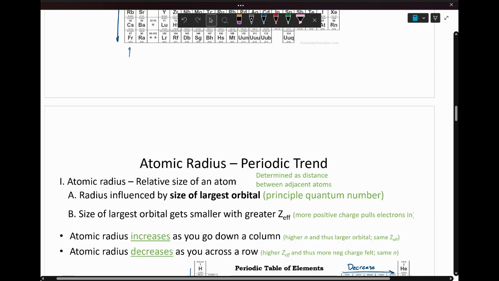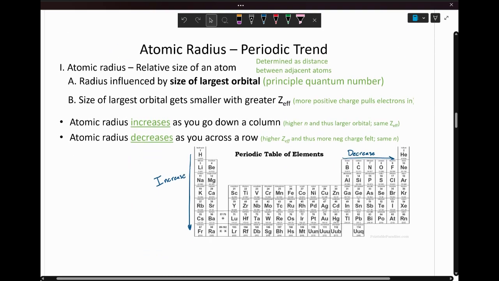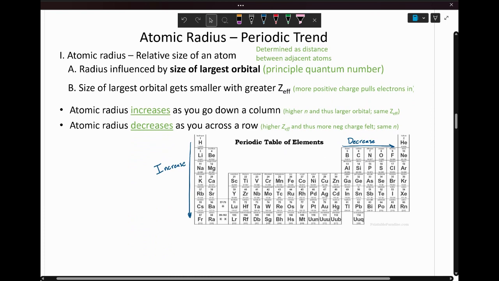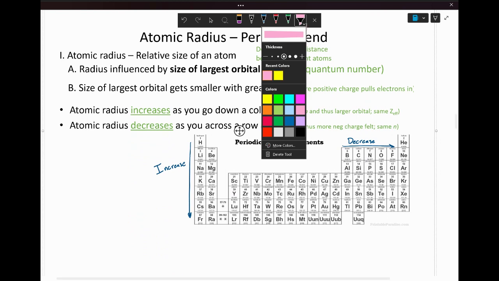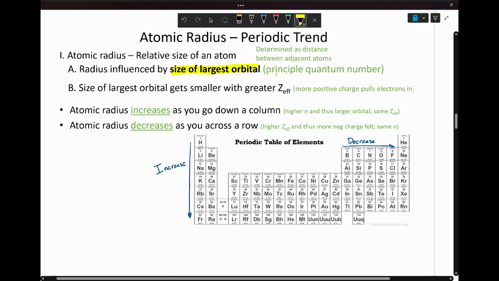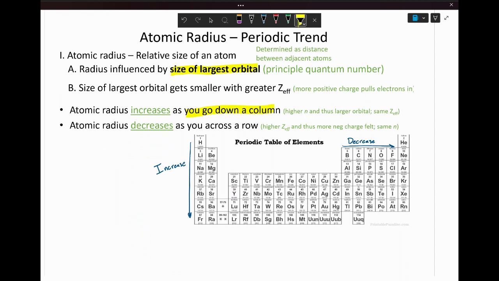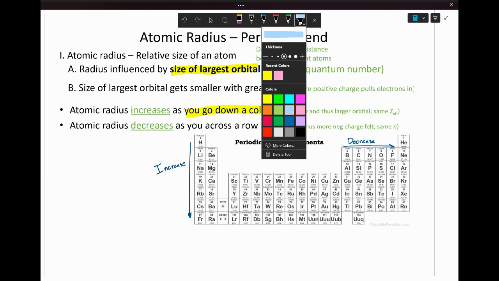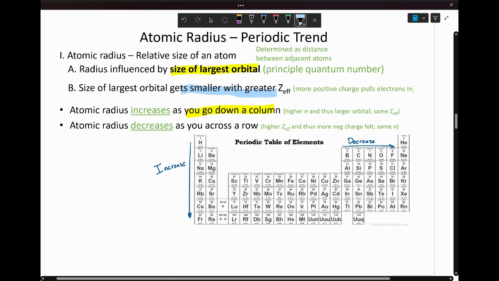We then said that you can utilize Z effective to think about any trends in atomic radius, where we said that atomic radius depends on two things. First, the size of the largest orbital, so those that have the largest principal quantum number. And that's going to matter when we go up and down a column. And then second, the other factor that determines our atomic radius is that these largest orbitals get smaller with greater Z effective.